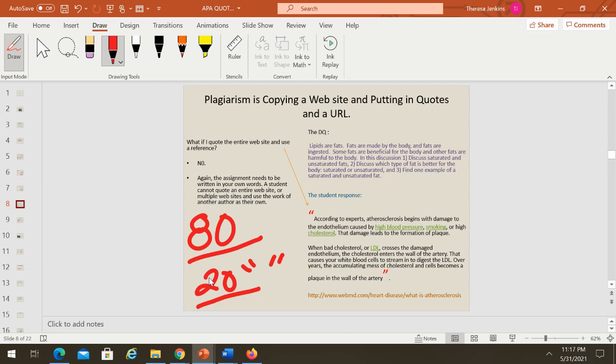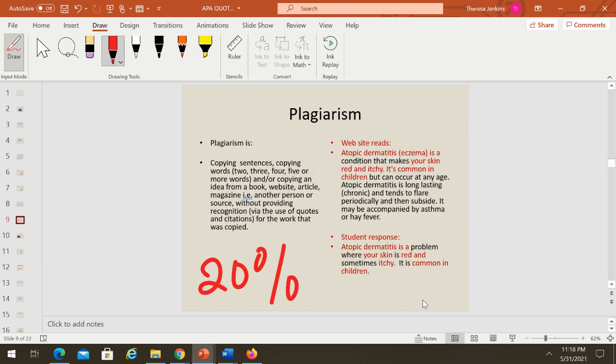For the level that we are writing on, you do not need to know advanced APA. So please keep your quotes short and simple. But again, the point of this slide is that you cannot use an entire quote for your answer. And once again, the URL is not a correct citation, and the URL is also not a correct reference.